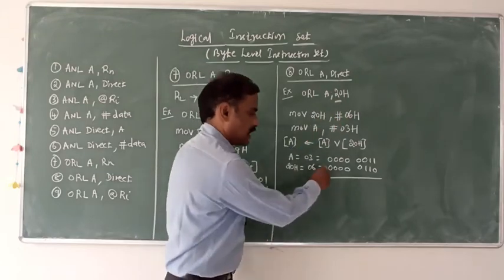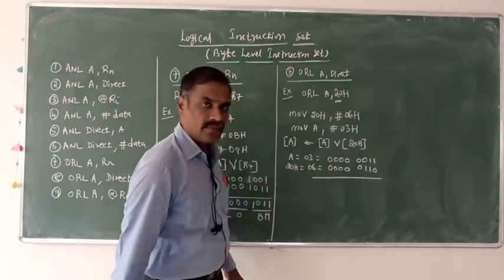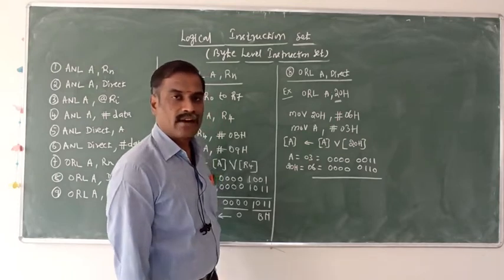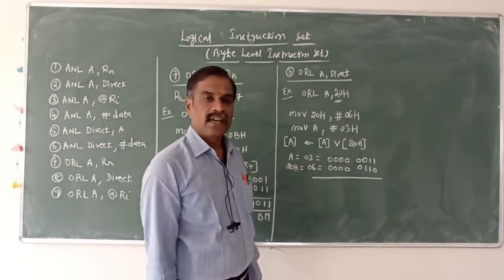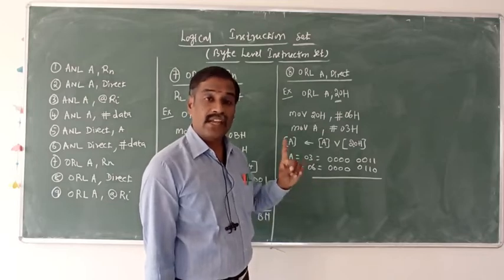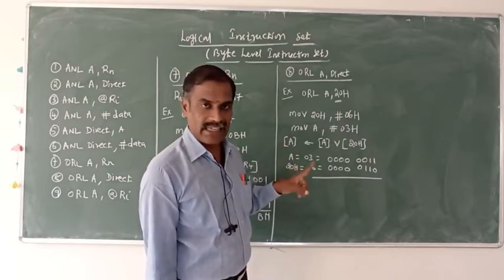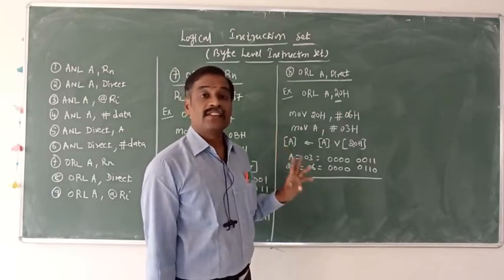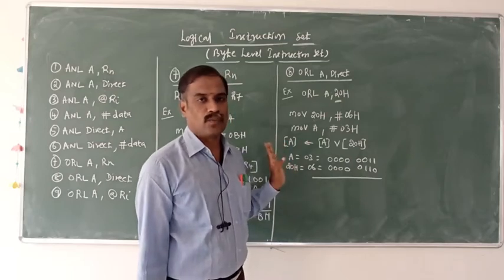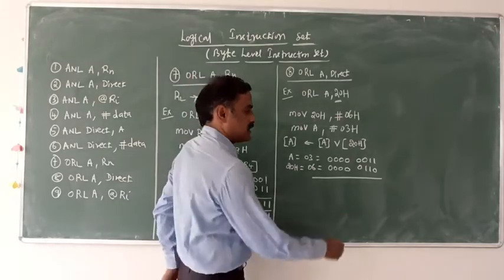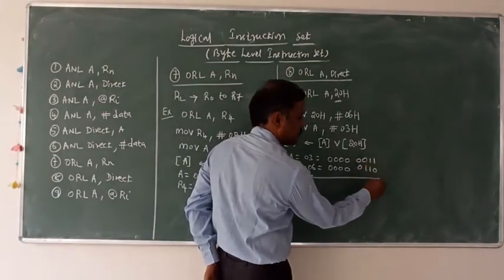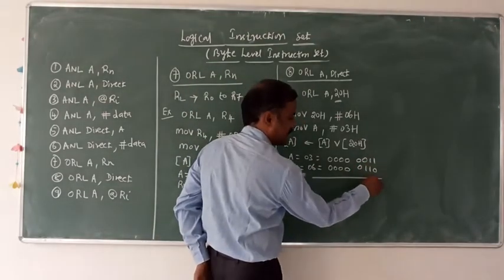Now logically OR these two data. What is the operation of logical OR? If both inputs are high, output is high. If any one of the inputs is high, output is high. If both inputs are low, output is low. Here one input is high, output high. Here both inputs are high, output high.